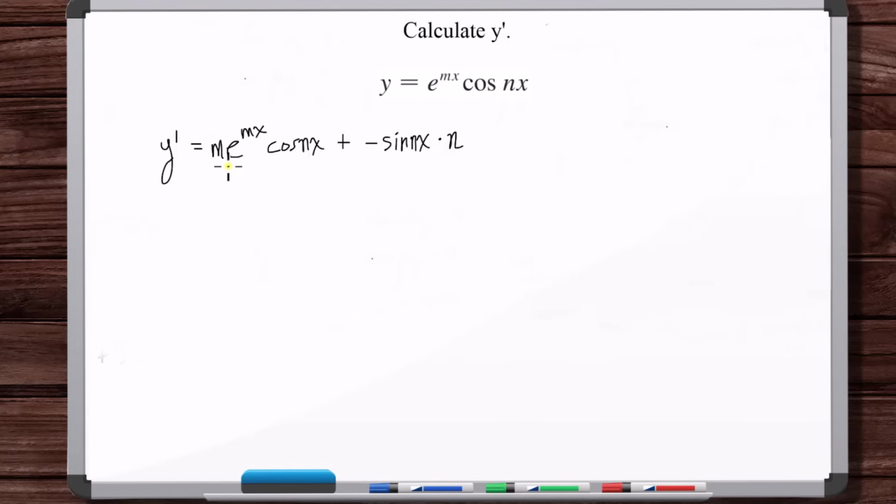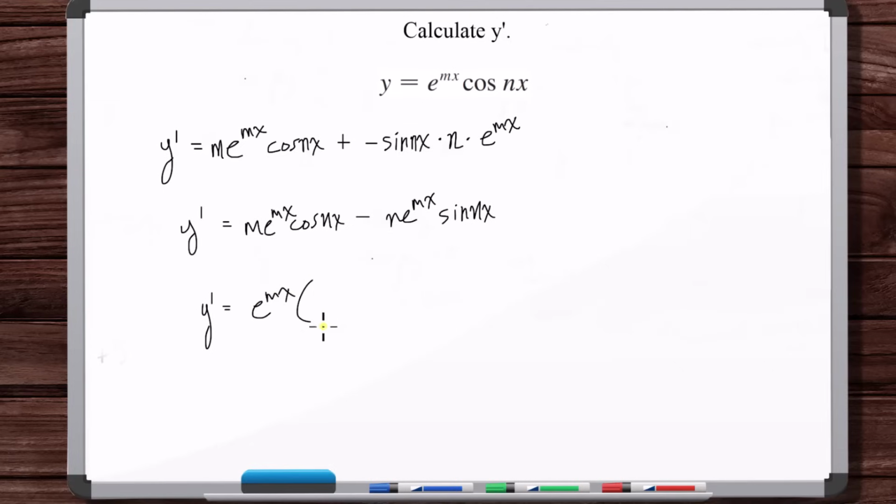Okay, so where are we here? Derivative of the first times the second plus derivative of the second times the first. All right, let's factor out an e to the mx.